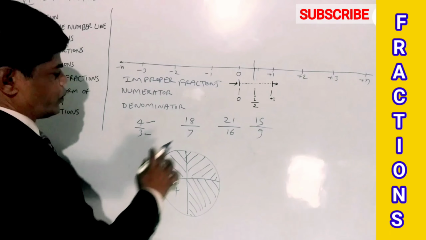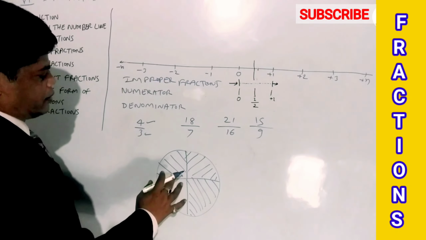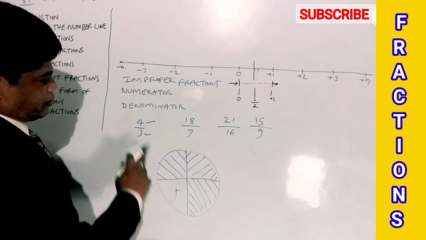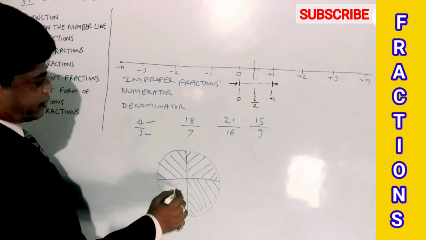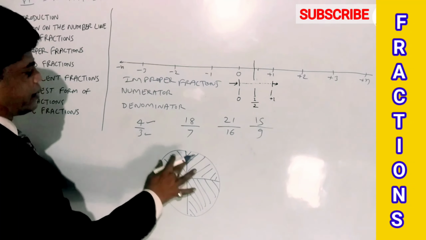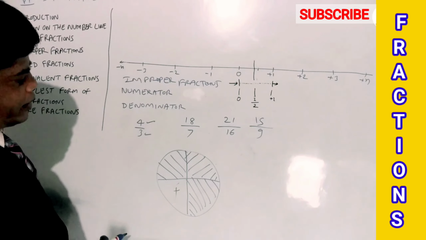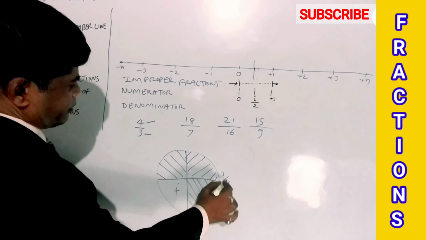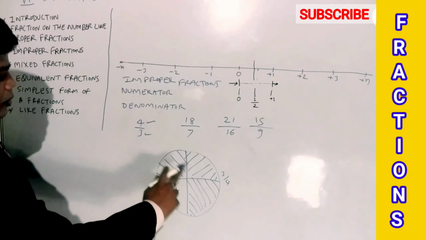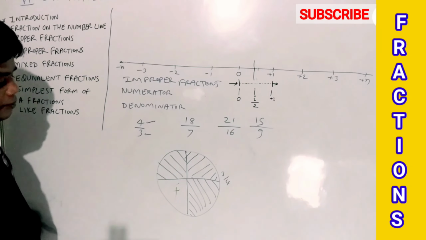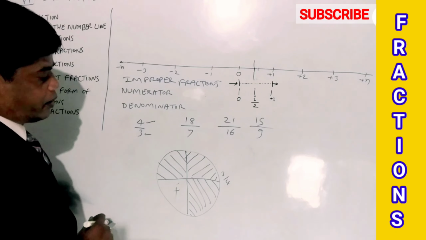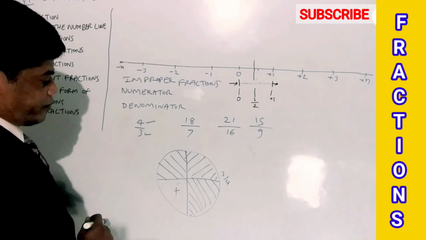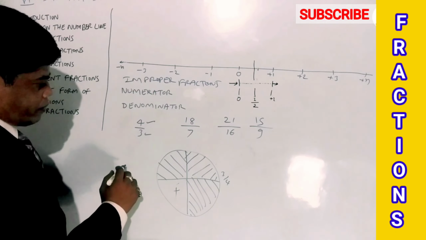So out of 4 we are taking 3. It will be 3 by 4. But 4 by 3, how are you considering it? Improper fractions.